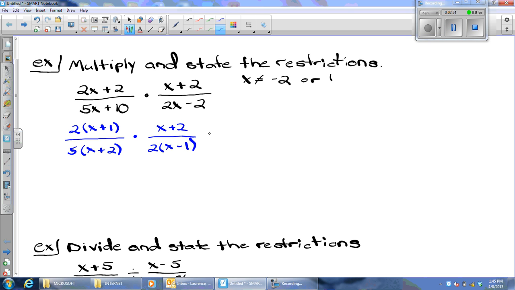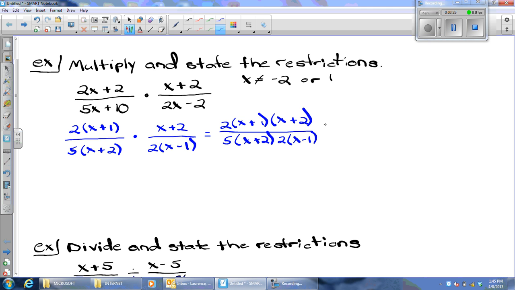So let me show you that if I lost you. If I combine these together, x plus 1, x plus 2, and 2 times x minus 1. We're just multiplying here, so the order doesn't matter.